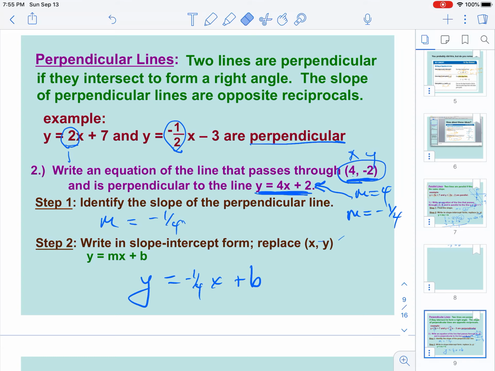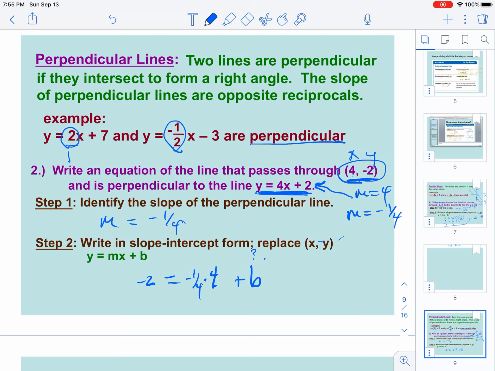So I'm going to put those in here and here. This was times 4, and this would be -2. What I'm really doing is finding out what this b equals.